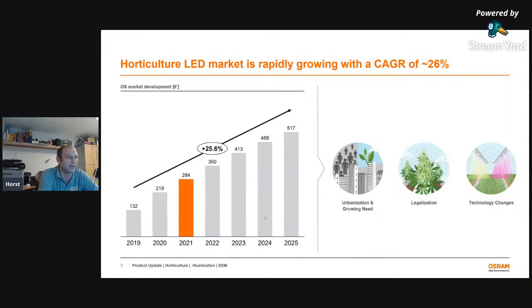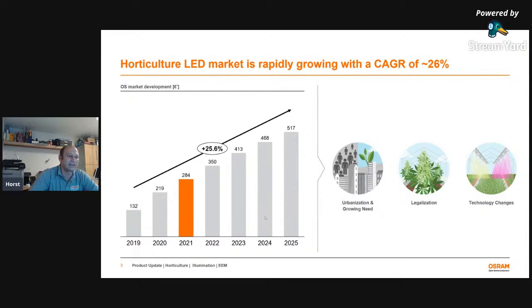Since then, we investigated in this area, and we figured out that OSRAM has a wide portfolio, beginning from UVC up to infrared, and we have the whole bunch of colors in LEDs, from monochromatic emitters up to phosphor-converted solutions. So we could pick the right components and tailor the right spectrum for certain applications.